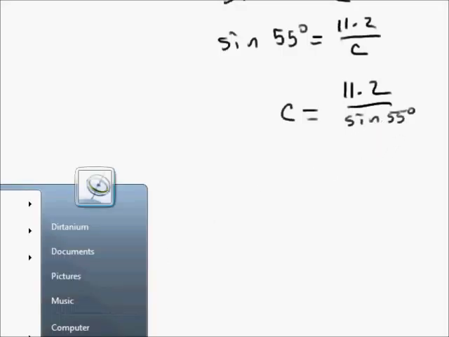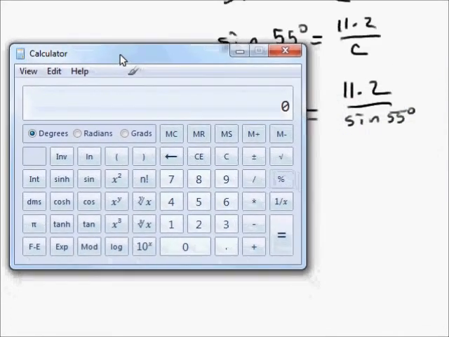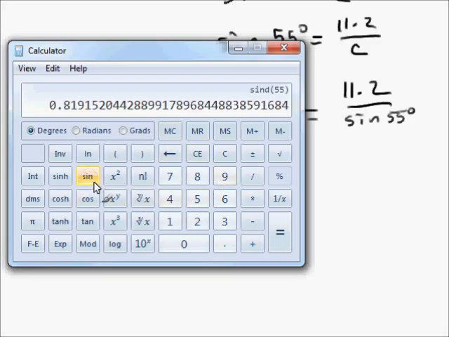Okay, so how are we going to find this sine? Well, we can fire up our calculator, fire up the internet. There's a scientific calculator built into Google. I'm going to punch in 55, make sure it's set to degrees, not radians or gradians. Take the sine, I get 0.8, a big mess, that's okay.